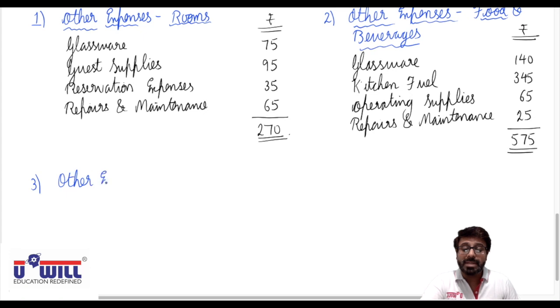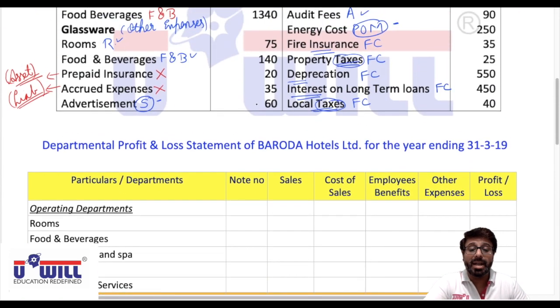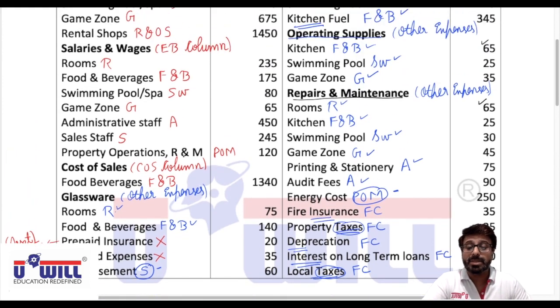Then third note we will make for other expenses of swimming pool and spa. Okay, let's see now what all items are marked as SW in other expenses.